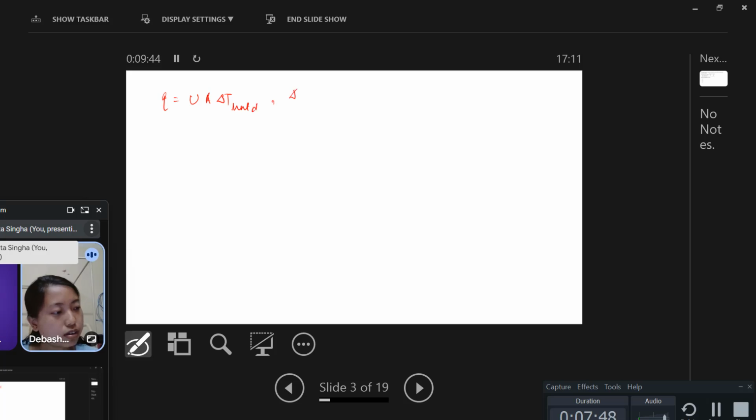So this LMTD is given by delta T1 minus delta T2 divided by ln of delta T1 by delta T2. So delta T1 and delta T2 are, this is the length of the heat exchanger.